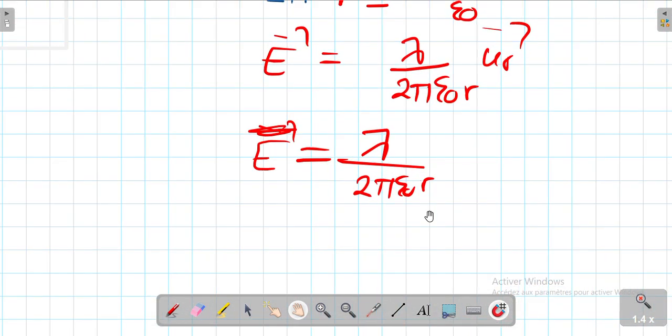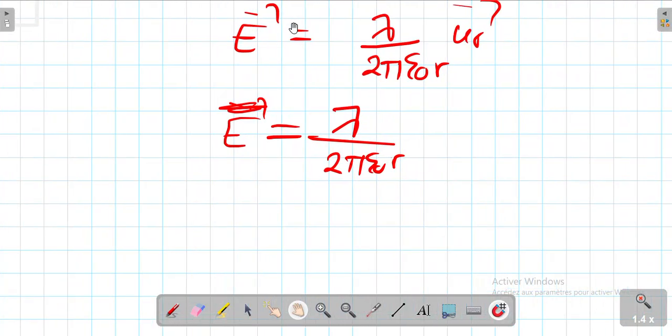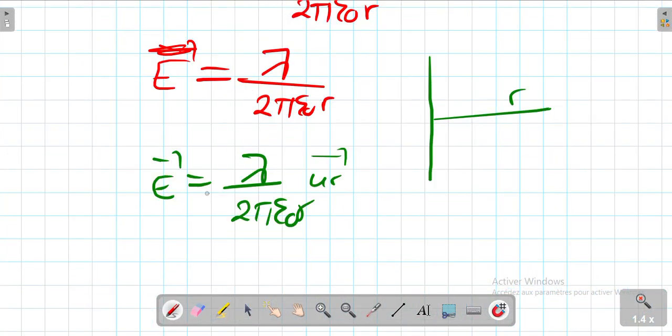So if the radius is big, the E will be smaller. So that's how we find the E for the wire, and the answer is always the same as long as you have a wire.